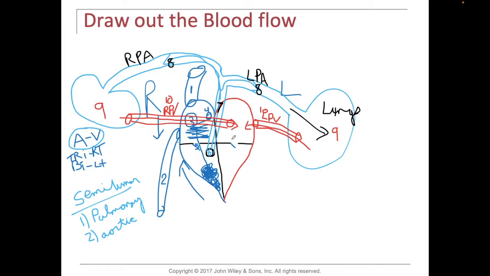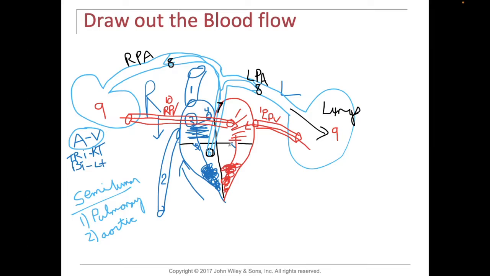So the oxygenated blood is now pooling. Now I'm using red, so it's pooling up in the left atrium. And the left atrium contracts a little bit, just like the right atrium, plus gravity is going to bring the oxygenated blood here into the left ventricle.